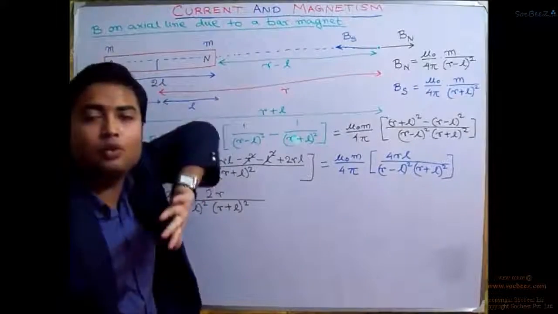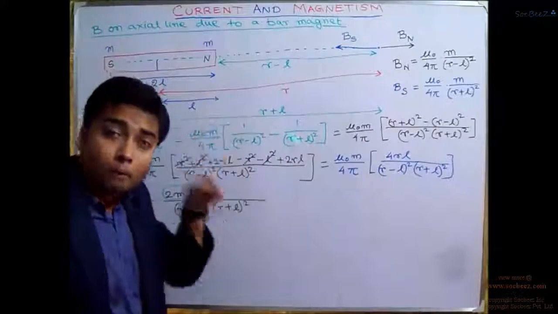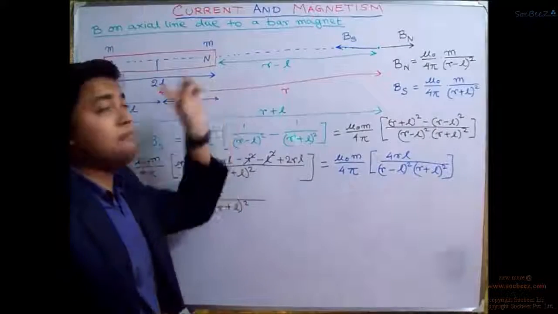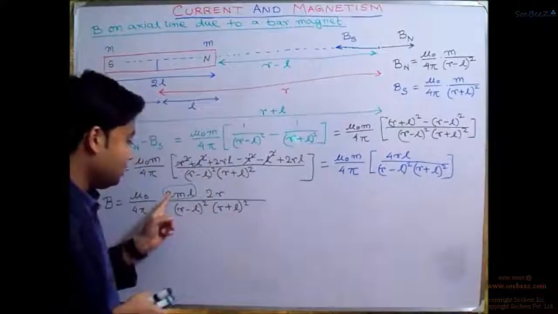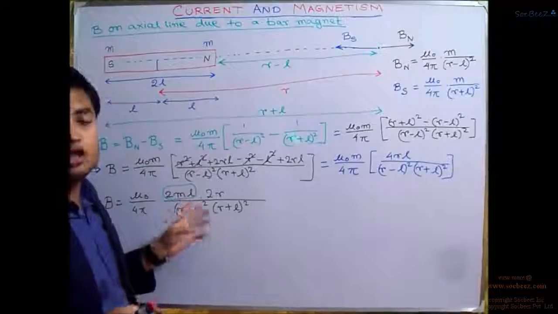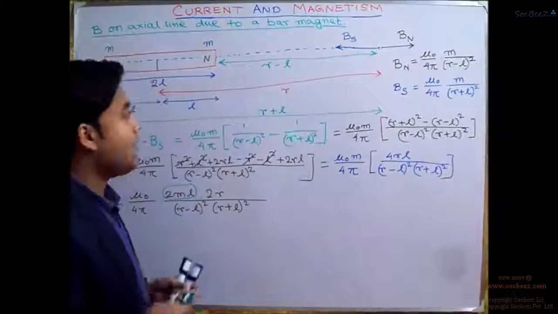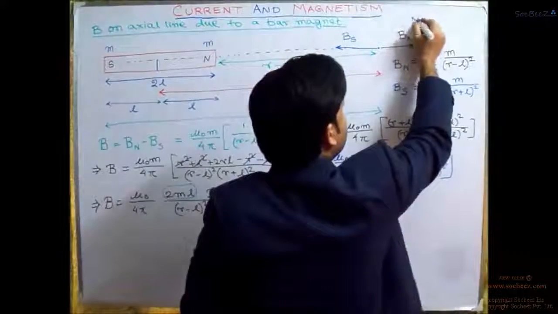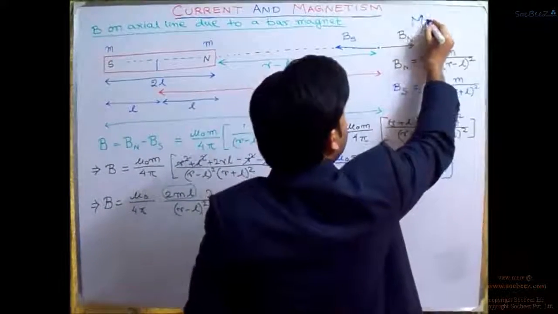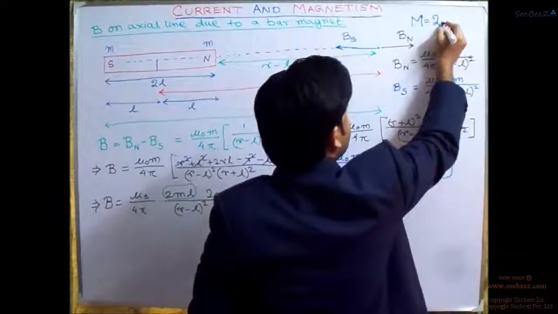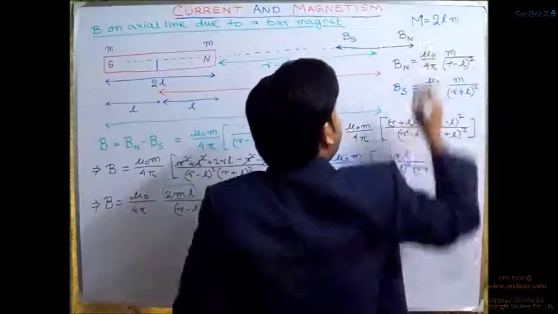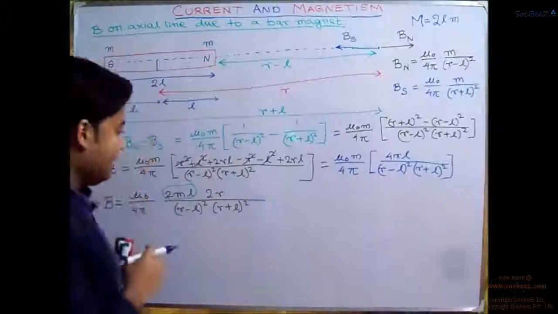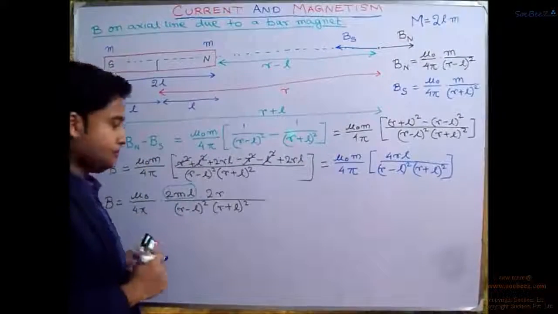So 2mL will be the magnetic dipole moment for this magnetic dipole. So we can simply write, as we know, that the magnetic dipole moment is equal to 2L multiplied by m, and we can write this as capital M.